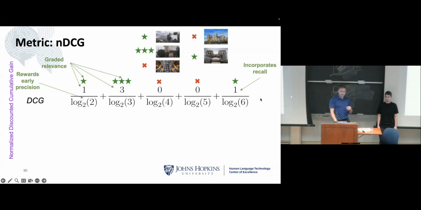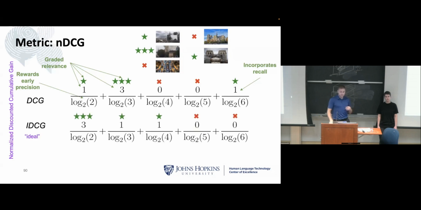So even though there's 5 here, you can imagine it out to 10. And then it also incorporates recall, because it still does care that you get the one somewhere, at least in the top 10. And then you compare this to the ideal discounted cumulative gain, which says if you had a perfect ranking of this, the very relevant one should be ranked first here, somewhat relevant should be after that, and then everything else should be not relevant.